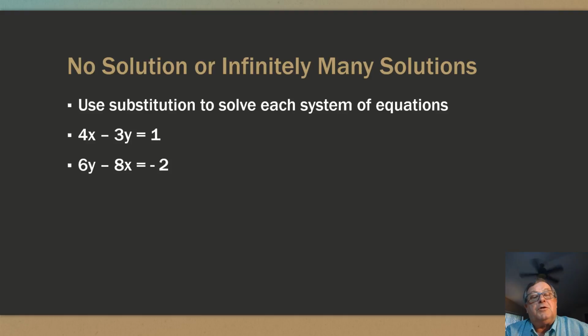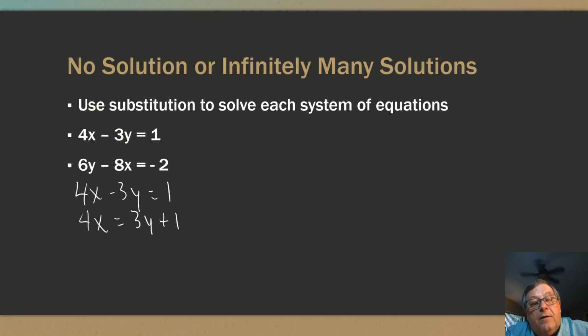But let's take this first equation, 4x minus 3y equals 1. And let's add 3y to both sides. So I get 4x, we're going to isolate the x, equals 3y plus 1. And now we're going to divide everything by 4. So that x equals 3/4 y plus 1/4.